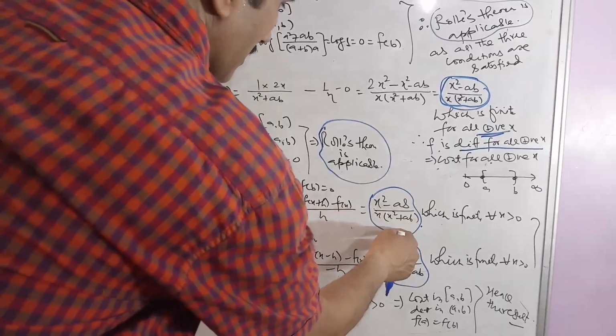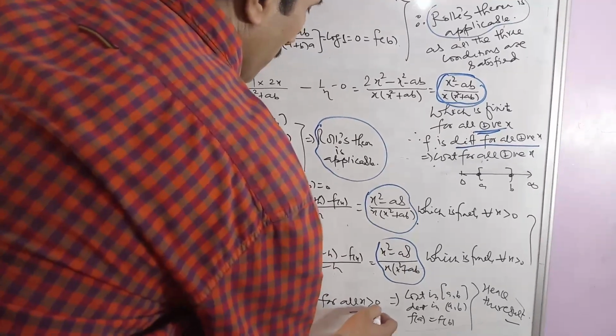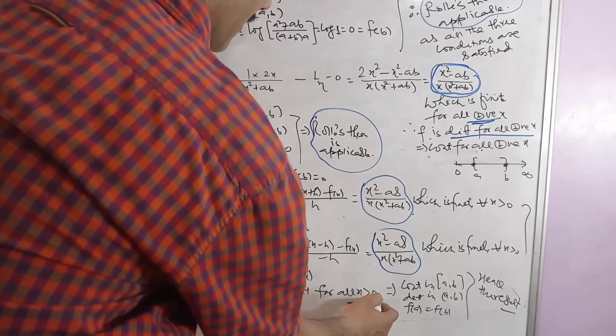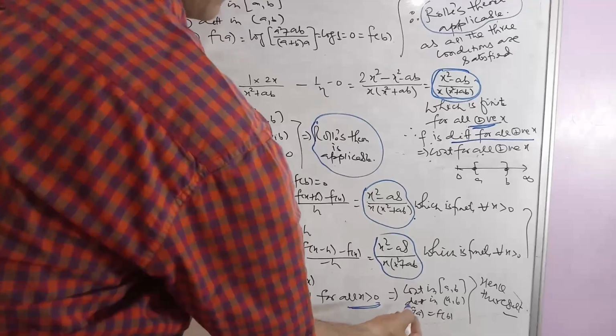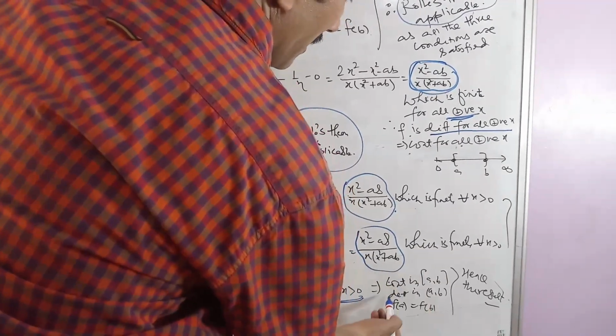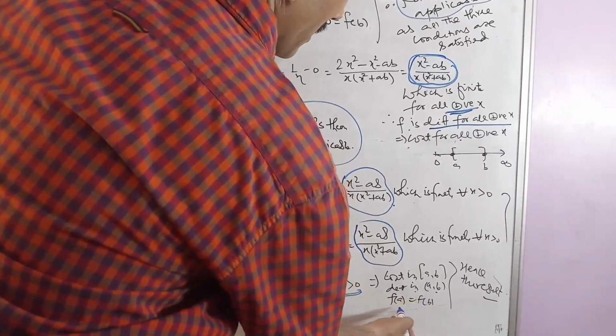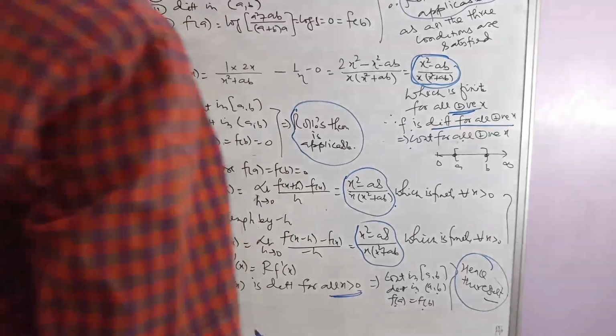These two are the same, so the function is differentiable for all positive x, so continuous for all positive x. We have continuous in the closed interval [a, b], differentiable in the open interval (a, b), f(a) equal to f(b), hence the result.